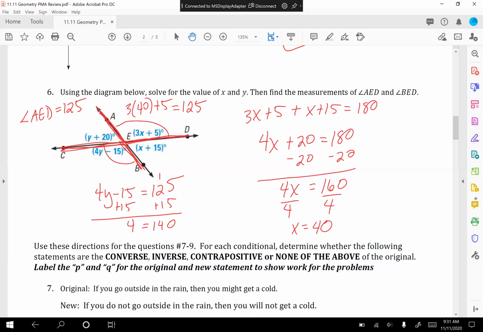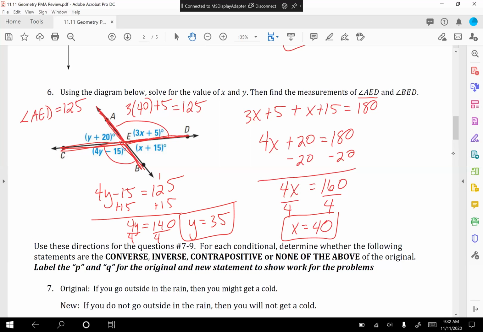So 4y is equal to 140. So divide that by 4. I believe you'll get 35, right? So y is 35. And we had x is 40.